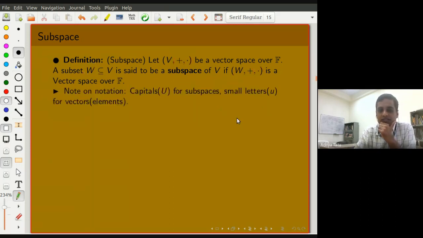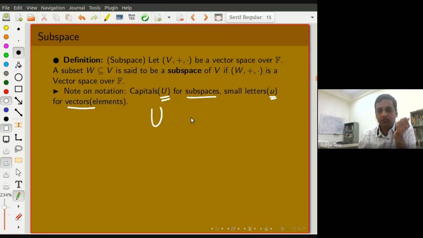So just a small notation for subspaces. I will use capital letters to denote subspaces, and the same letter, if I write it as a small letter, will denote a vector or an element of that set. So don't get confused.